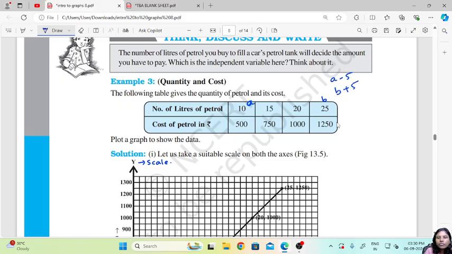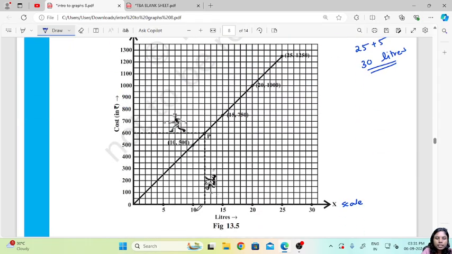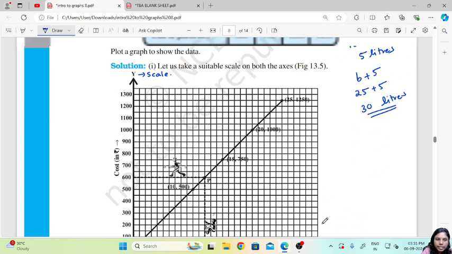So A is 10, minus 5, so the scale will start with 5 liters, and B plus 5, that is 25 plus 5, will be 30 liters. So my scale will end at 30 liters. That is the information that will go on my x-axis.